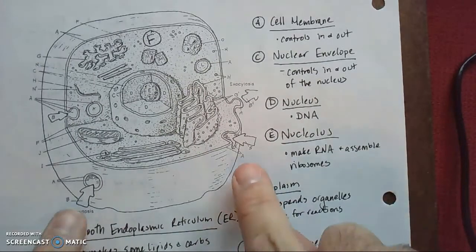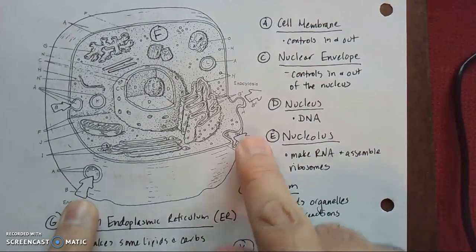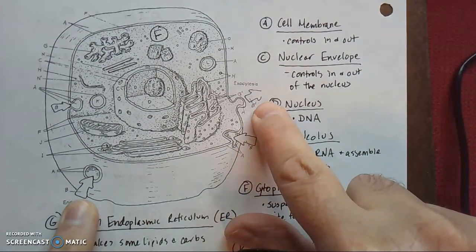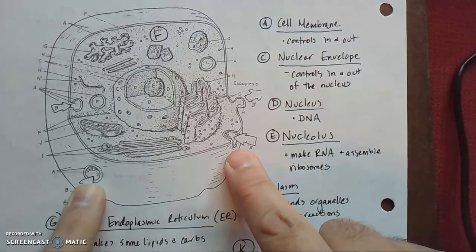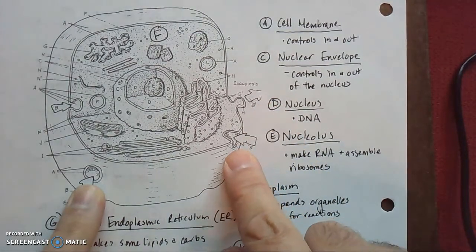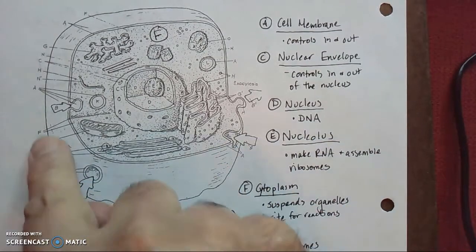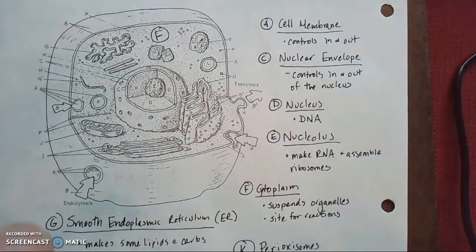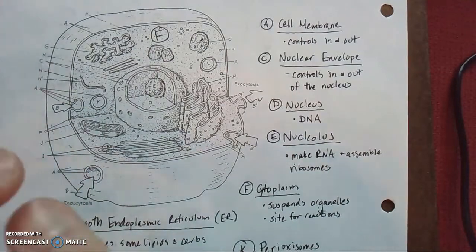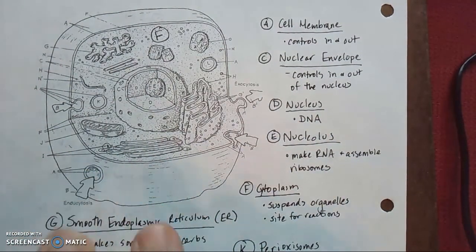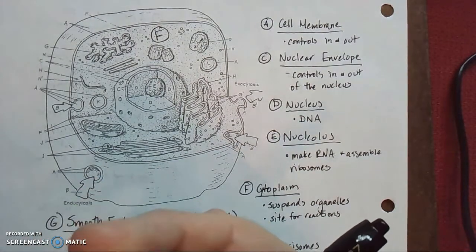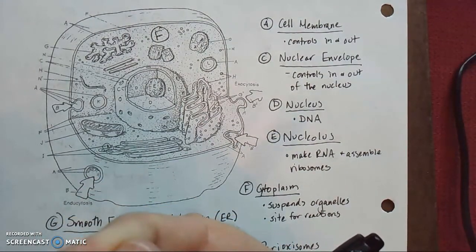So I said that we would talk a little bit about these arrows here. We have an arrow coming out that's representing exocytosis and arrows coming in that represent endocytosis. If we imagine that this is a balloon and we were able to poke a hole into it and put our finger into the balloon, the balloon would actually fill in around our finger.